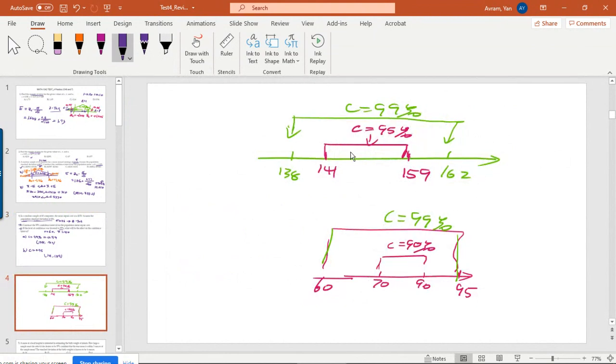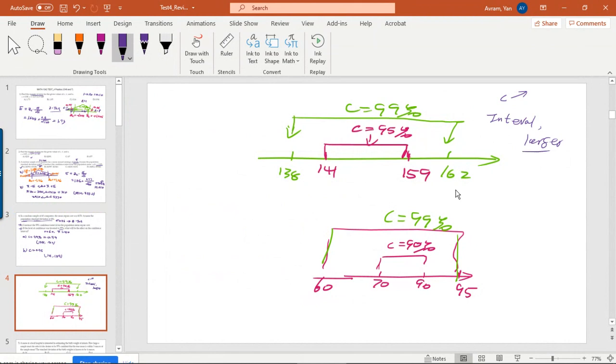So what is the effect of the confidence level on the interval? We can see that if you want to be very confident, like I said, 99% of the time, your interval is going to be bigger, okay? This interval is going to be larger.